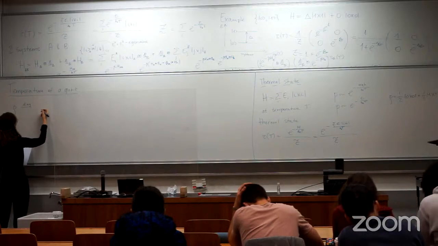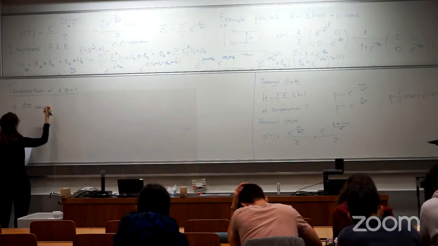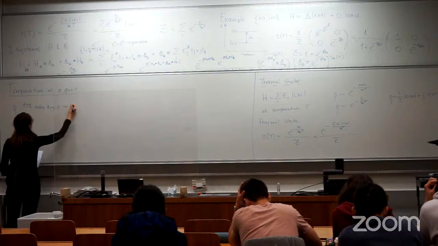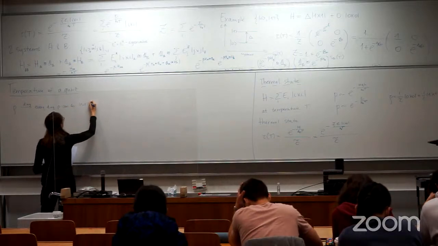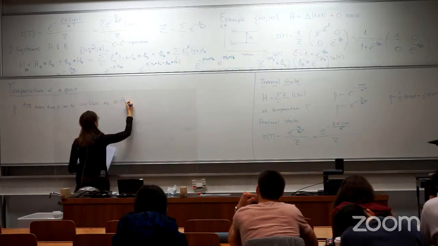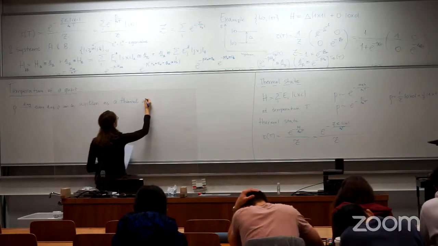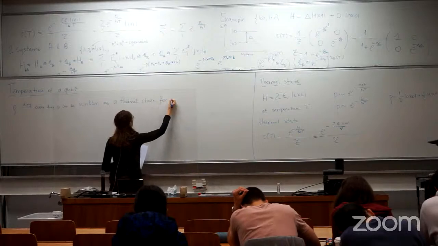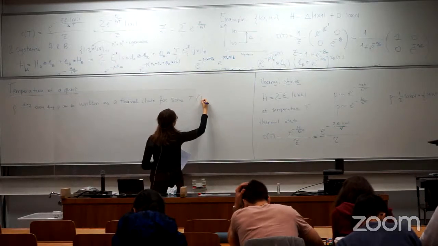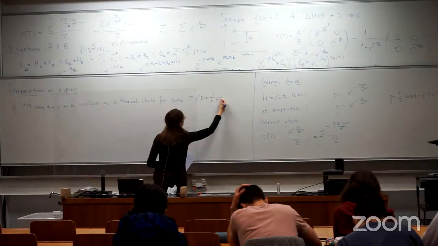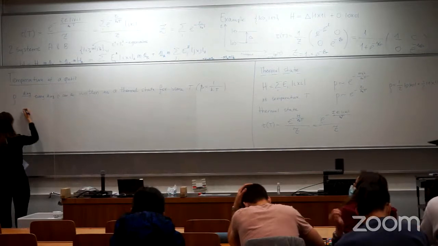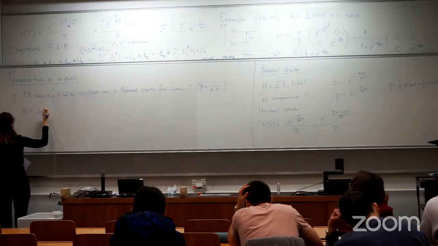And then every such diagonal rho can be written as a thermal state for some T. We'll use either T or beta, which is the inverse of T. So again, back to our qubit with the Hamiltonian delta |1><1|.